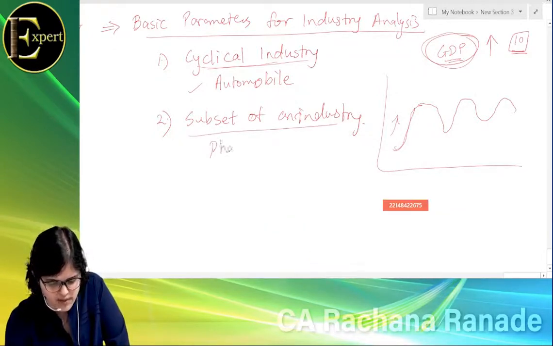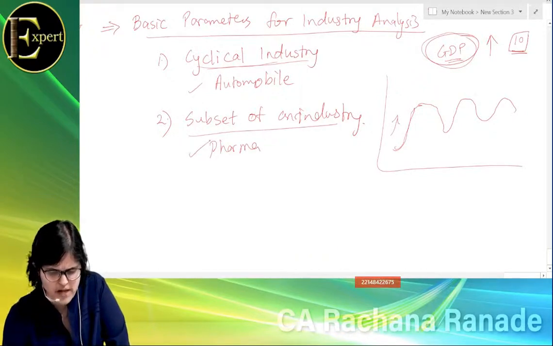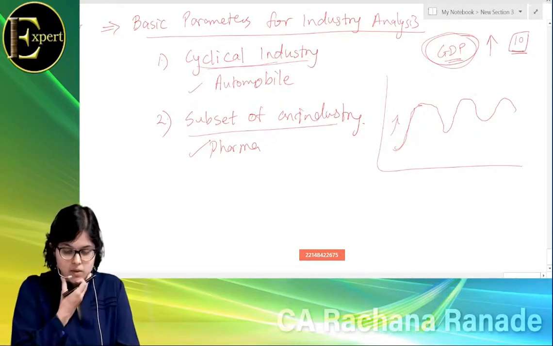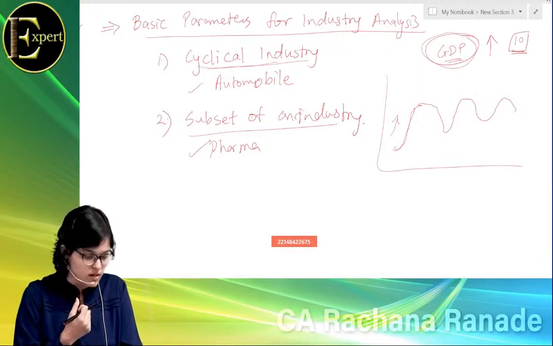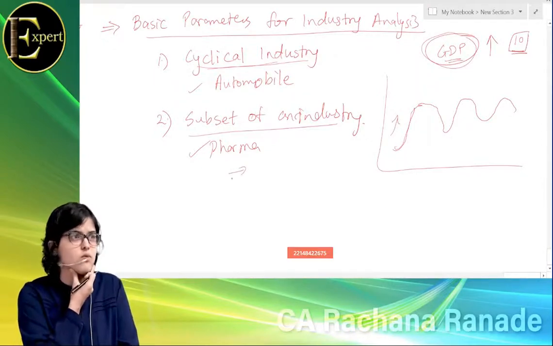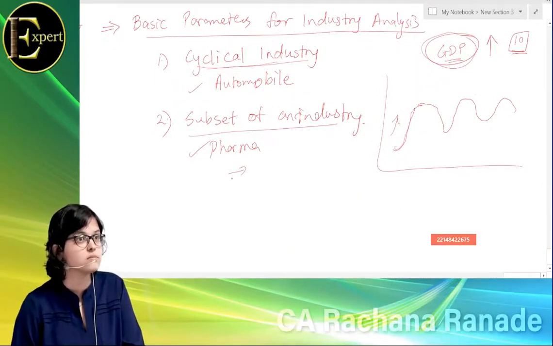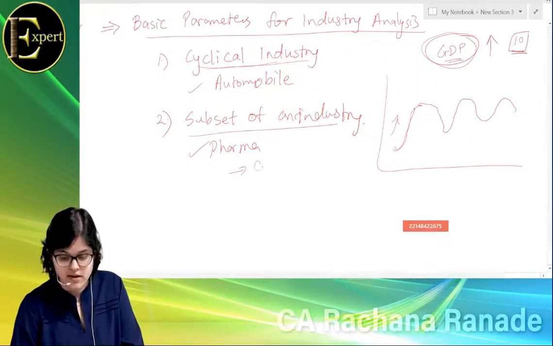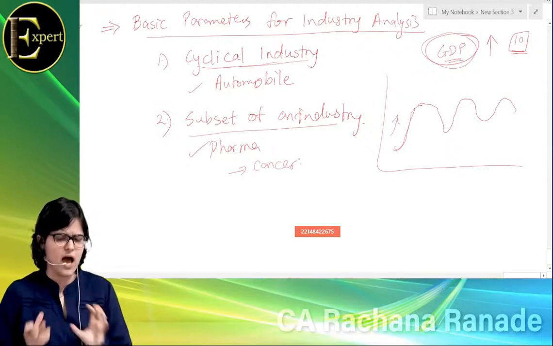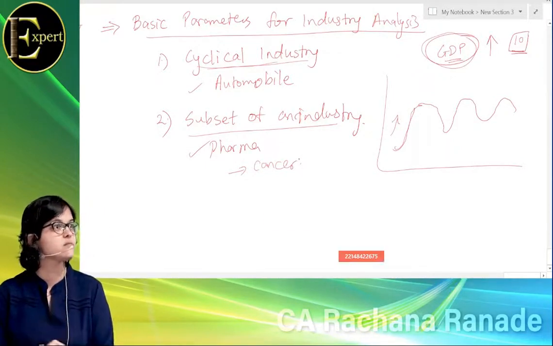Let us say I'm talking about pharma. Pharma anyways is not cyclical, okay, but there could be certain companies which are very much into the last stages of R&D of cancer. Cancer related products, cancer related medicines they are developing, and they are in the last stages, almost done wala stage hai.